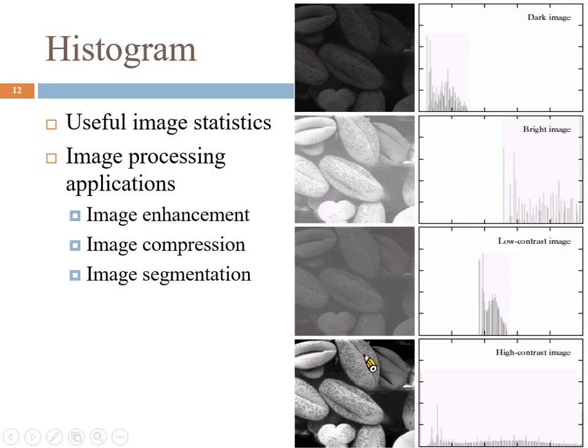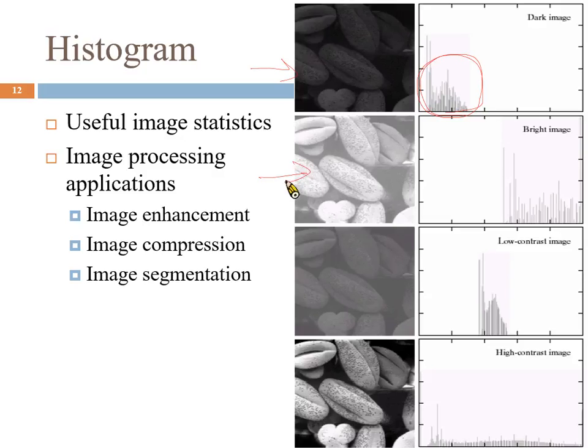So here are some examples showing 4 different images and the corresponding histograms. From the first image, you can see that almost every pixel is dark. So for the dark image, the values will concentrate on the left part of the histogram.